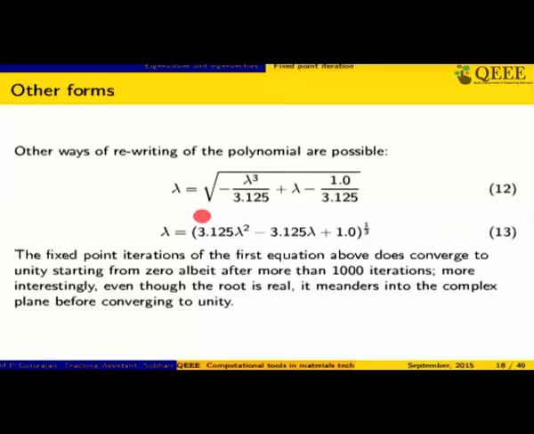So this is another thing that you would notice with fixed point iteration. Your solution might lie on the real line, but the iteration will actually take you through the complex space, okay. Then there will be some numbers which are some real plus some i times some number. So it will go through the complex space to get to the solution.